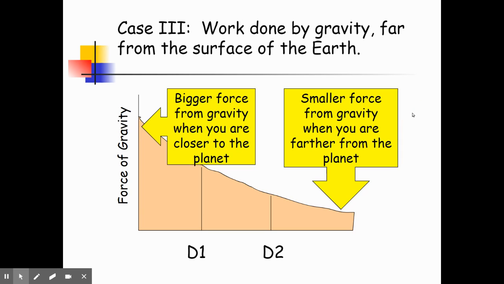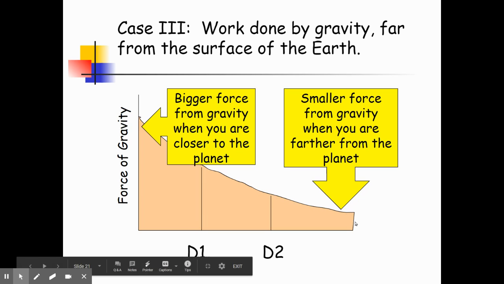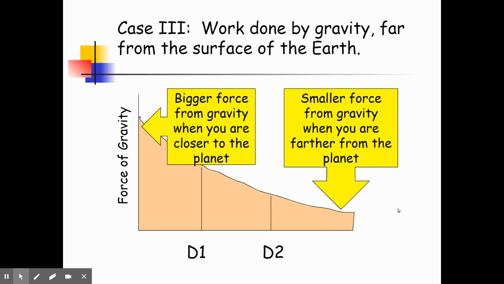When you're talking about work done by gravity for something that's far away from the surface of the Earth, the closer you are to the planet or the sun or whatever it is that you're talking about, the bigger the force is going to be. And as you get farther and farther away, the force is going to be smaller and smaller.